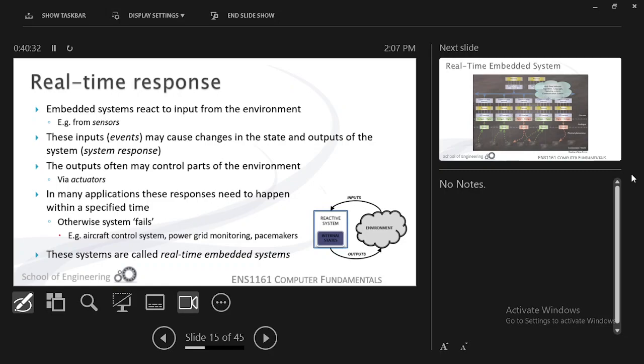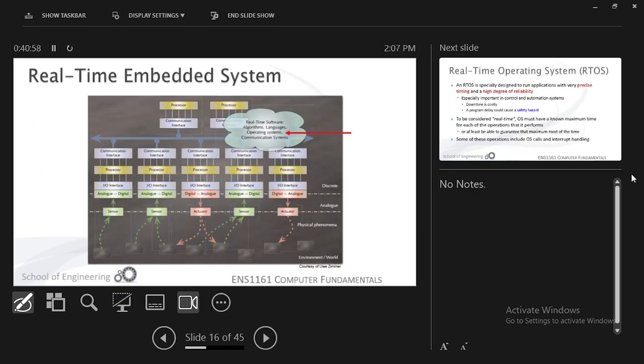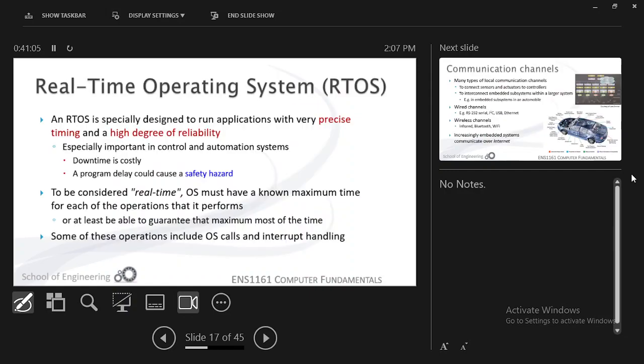Aircraft engineers have to focus on near real-time embedded systems because they want to communicate as early as possible. If there's a delay, it might be a big problem. Similarly, in space shuttles and many other places, we can find the same thing as real-time responses. Some diagrams are given here.